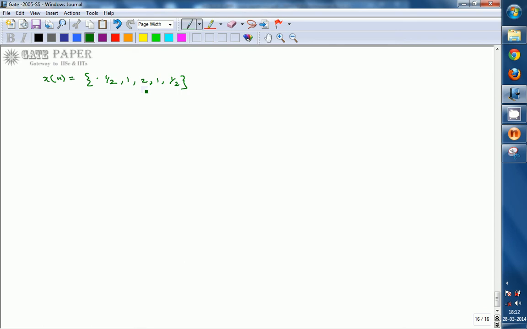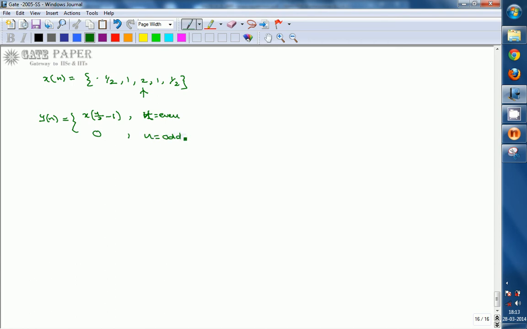At the 0th position is the sample value 2. Then we need to find the value of y of n. The sequence y of n is equal to x of n by 2 -1 for n even and 0 for n odd. That's what we need to find here.